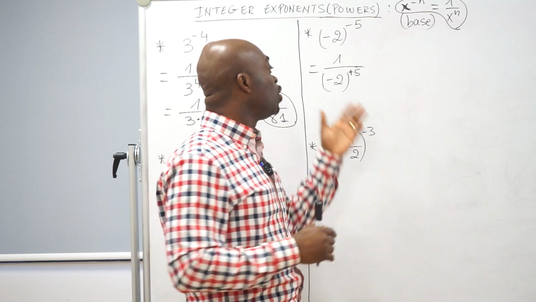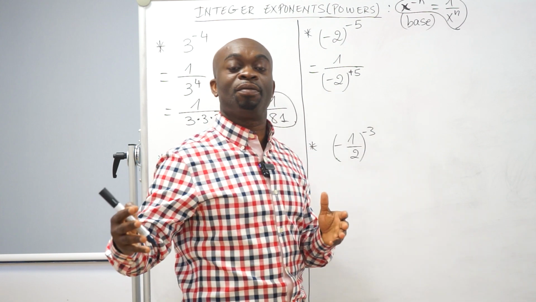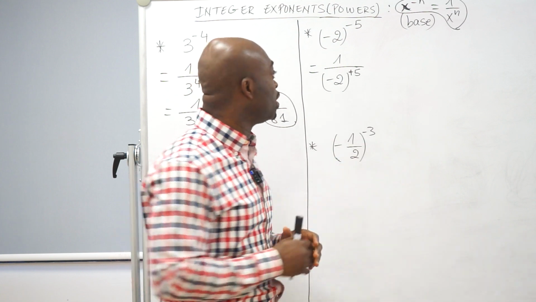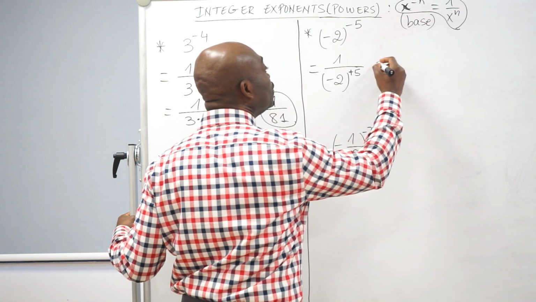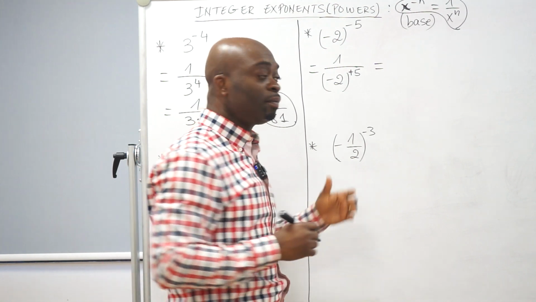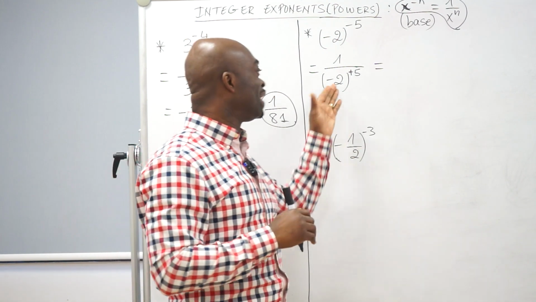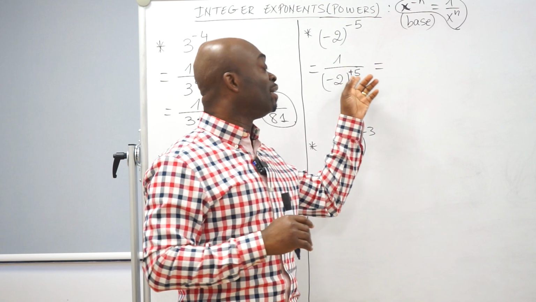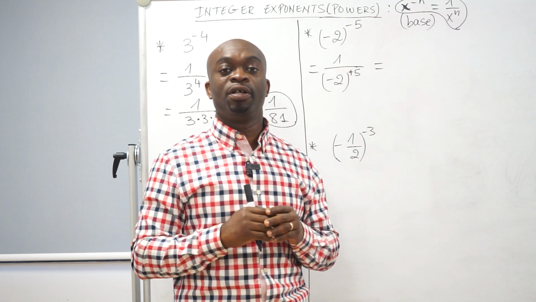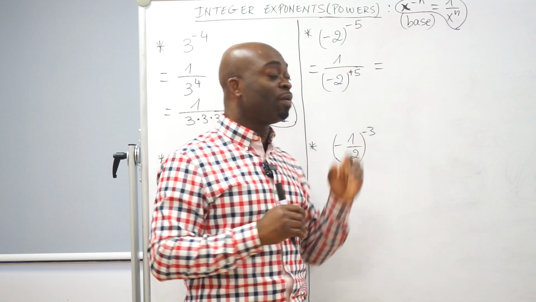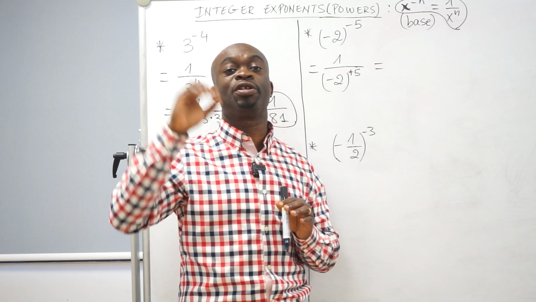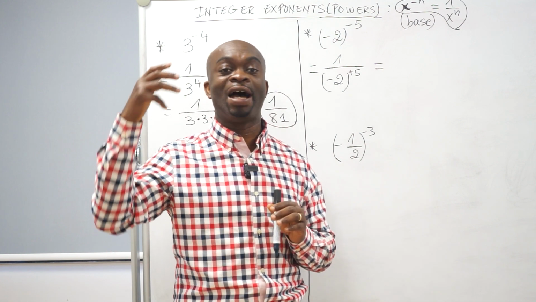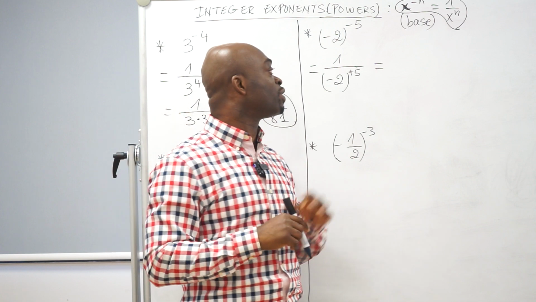No, because we still have to make sure that we break down these numbers into the lowest terms. So if we go to the right side here, the first thing is we have a negative number inside the parentheses and an odd number as a power. Anytime you have a negative number in parentheses and a power which is an odd number, meaning 1, 3, 5, 7, 9, what's going to happen?